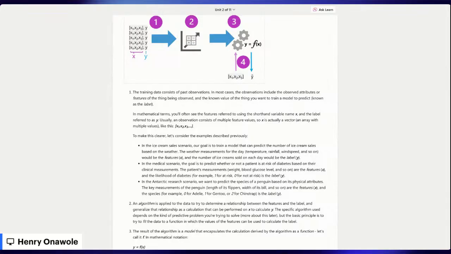The key measurements of the penguin, which means the length of its flipper, the width of its bill, and so on, are the features X. And the species, for example, 0 for Adelie, 1 for Gentoo, or 2 for Chinstrap, is the label Y.